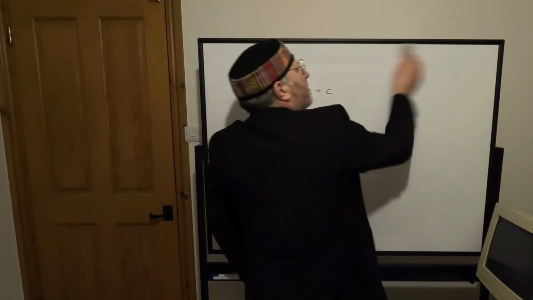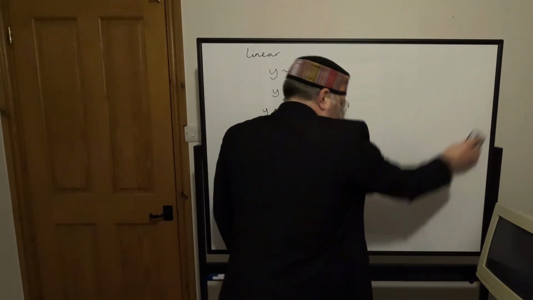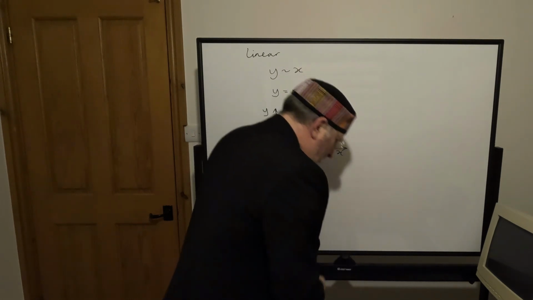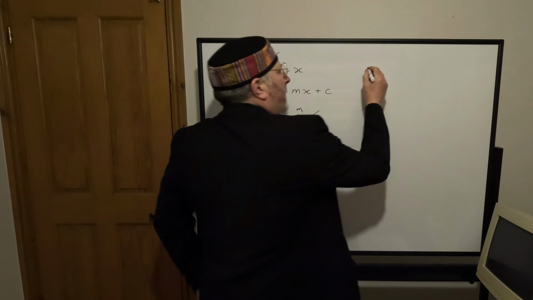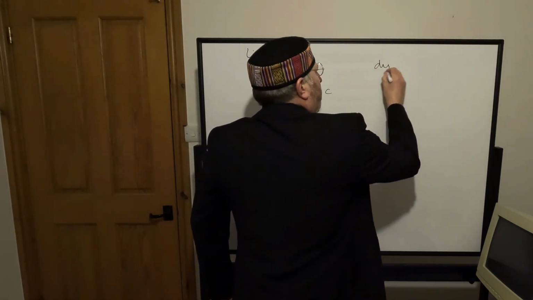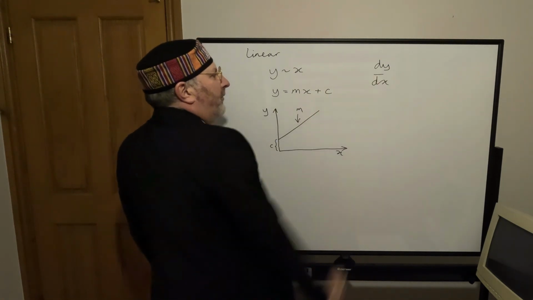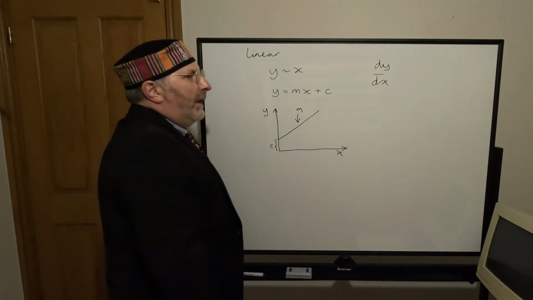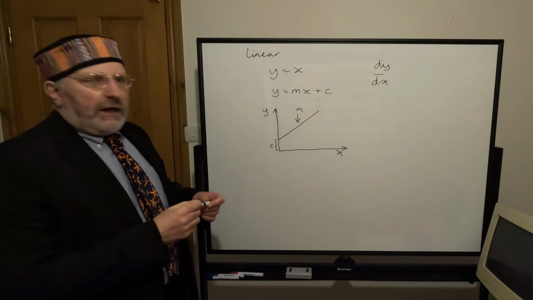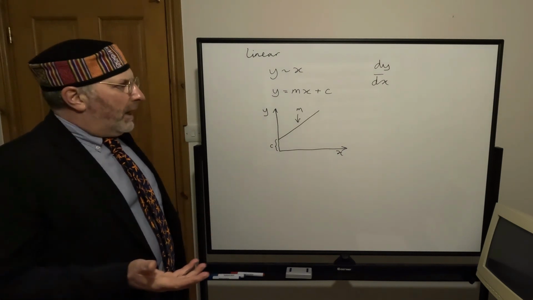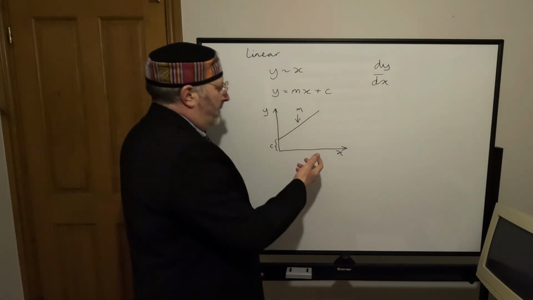So we're interested in the derivative. If y equals mx plus c, what's dy by dx? Well, we said when we considered the derivative that it corresponds to the slope. It's the rate of change.